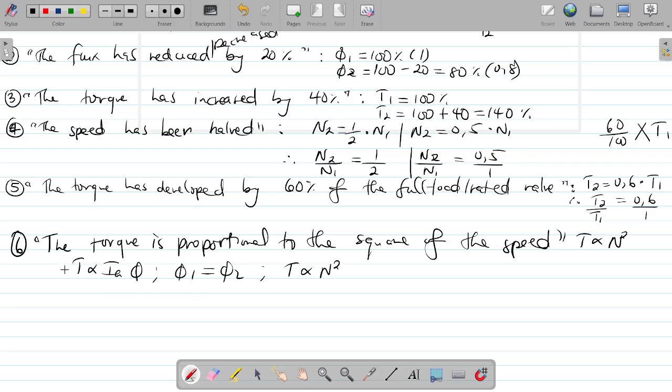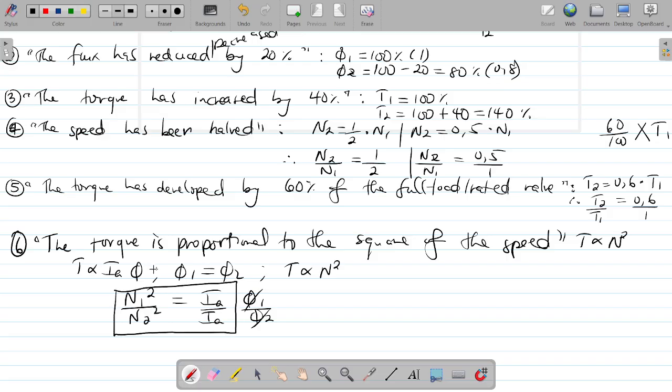So all they're saying is, on the original formula, wherever I have torque, I substitute N1 squared over N2 squared equals my armature current. Remember, flux 1 is the same as flux 2. If they happen to give you information for flux 1 and flux 2, then you will know what to do. But the condition revolves around here.